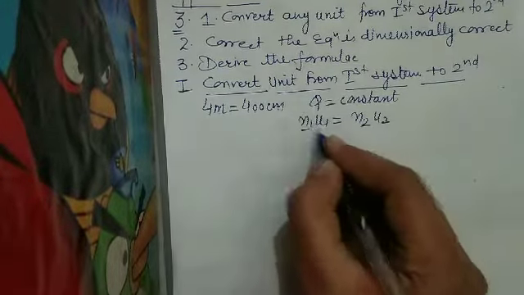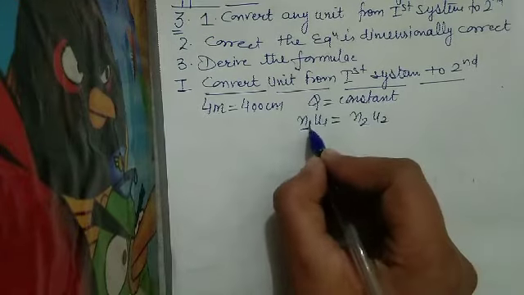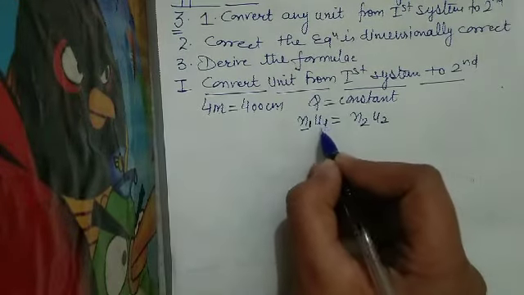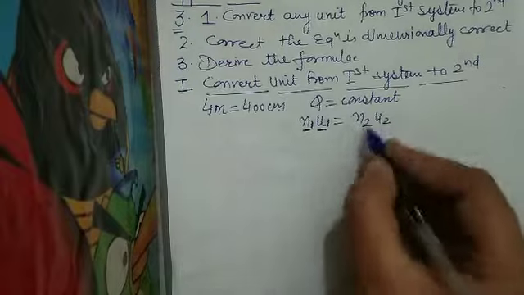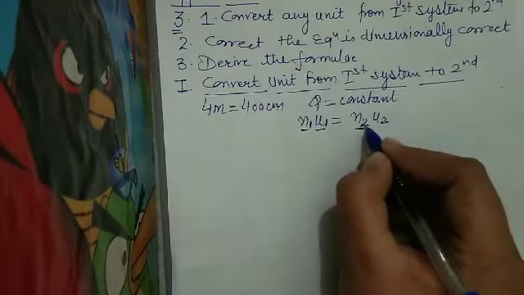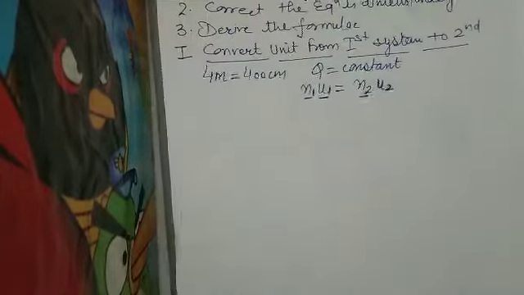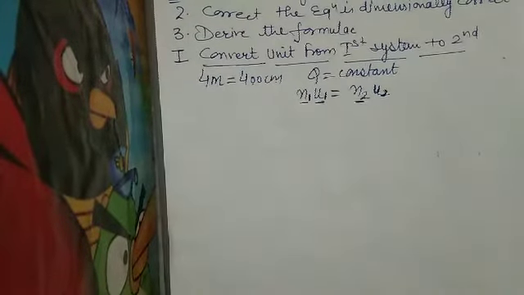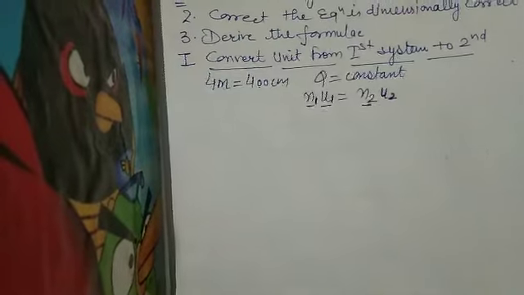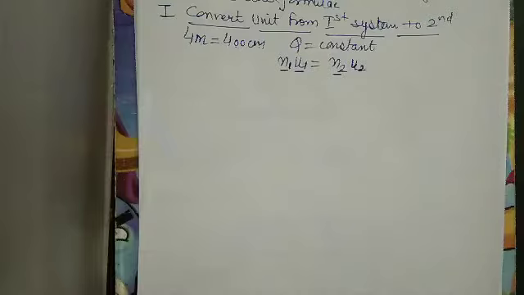So N1 is the number in first system of unit and U1 is its first unit. N2 is the number in second system of unit having unit U2. But it's clear to all that quantity remains unchanged, so there is no change.